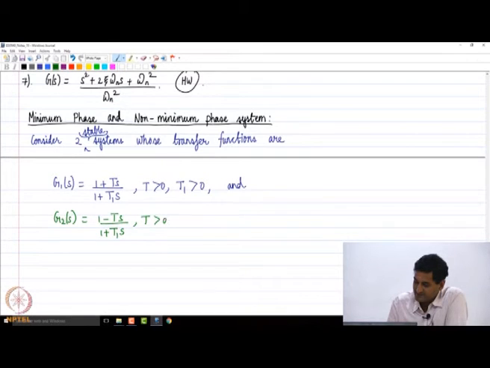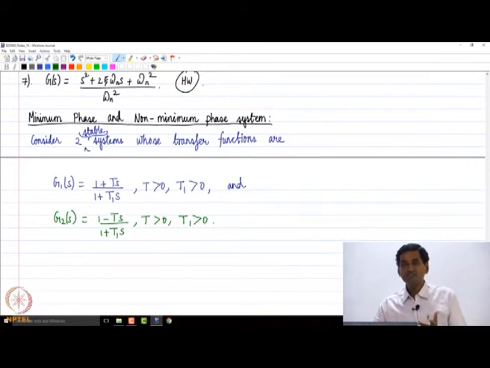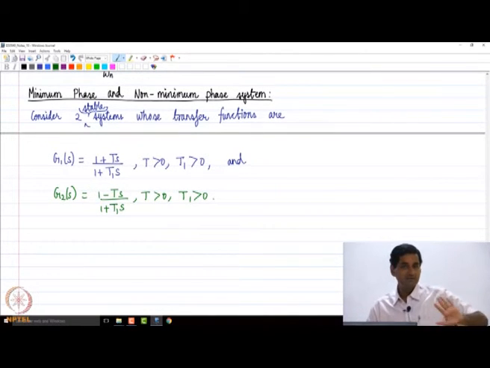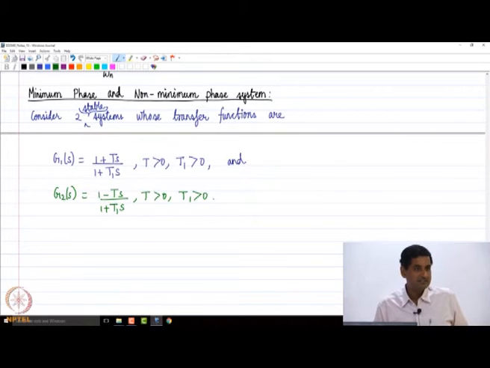So T greater than 0, T1 greater than 0. Immediately you see that both transfer functions have a pole at minus 1 by T1, which is in the left half plane. No issues regarding the stability of either system.